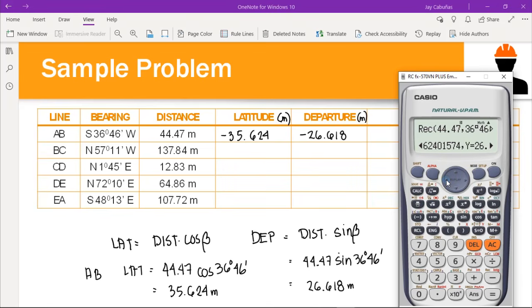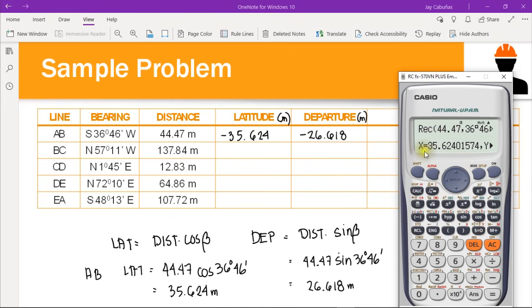Now take note, if you are using your calculator, we have a different convention. Since we know that latitude should be the vertical axis, or the y-axis on our compass, but in our calculator the latitude is given as the x value.